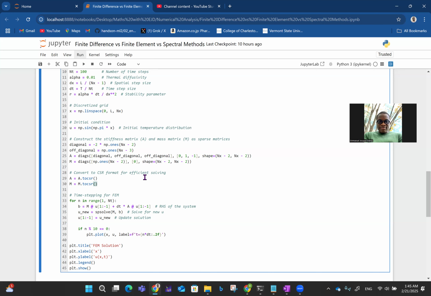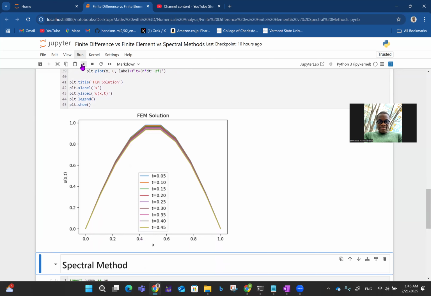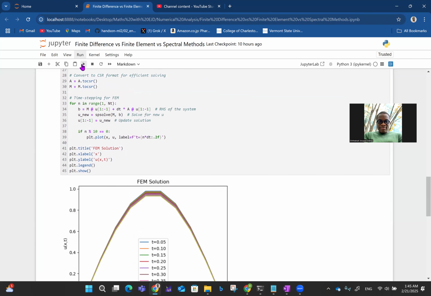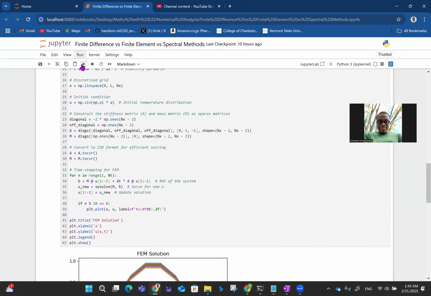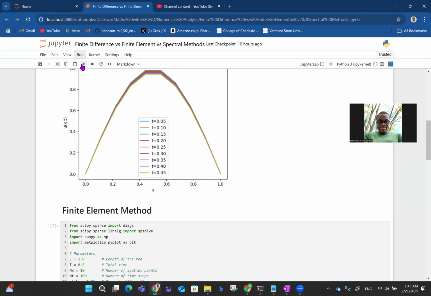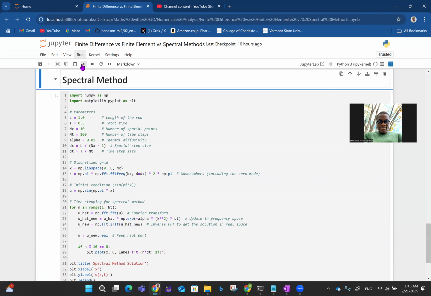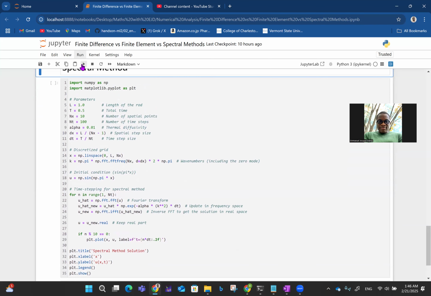I think that's where we solve Ku equals F. By the time we run all this, we get something almost the same as what we got previously. This is a very simple partial differential equation, so when things get complicated, we may not expect to see the same behavior from all the methods. So this is a very basic method.